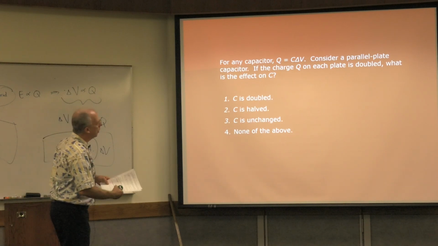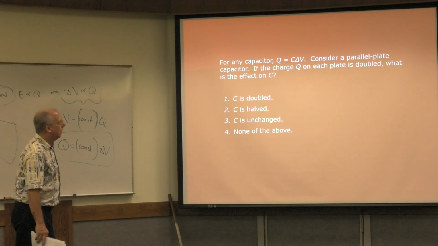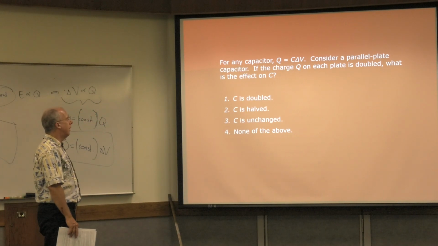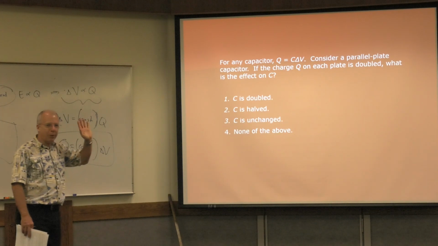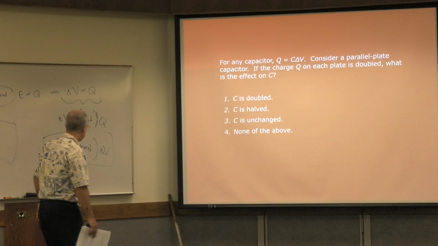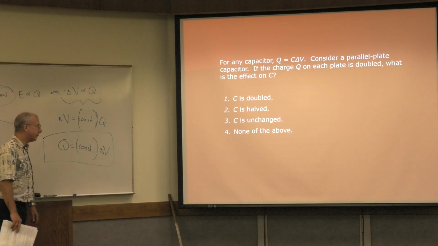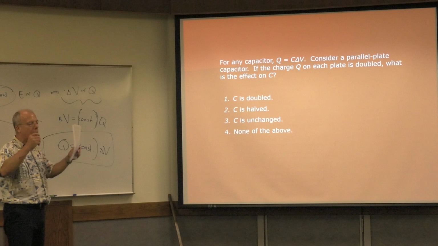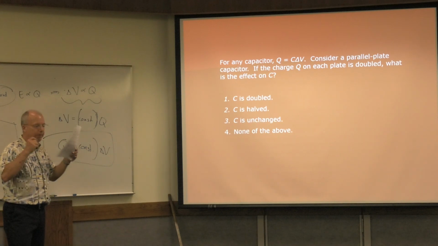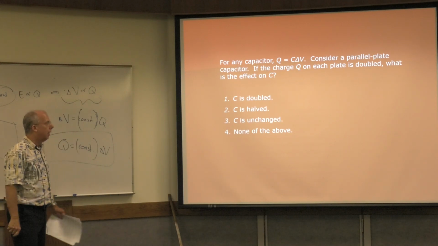For any capacitor, Q equals C delta V. Consider a parallel plate capacitor. If the charge Q on each plate is doubled, what's the effect on C? Pause your video and figure it out. What's C? It's a constant. It only depends on the geometry, the physical makeup of the capacitor.